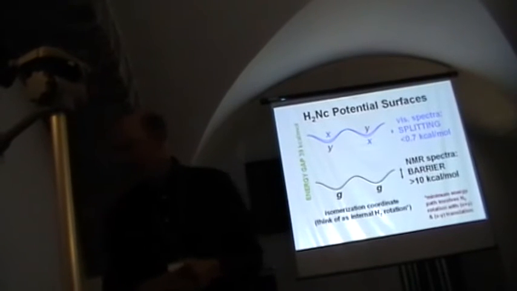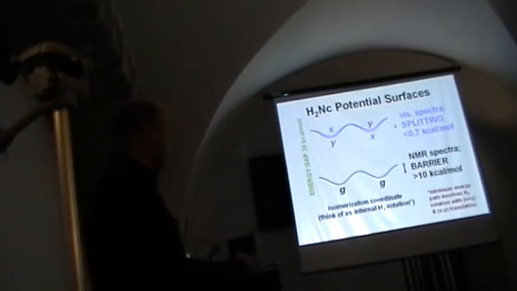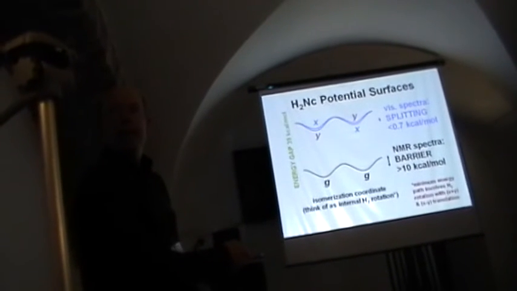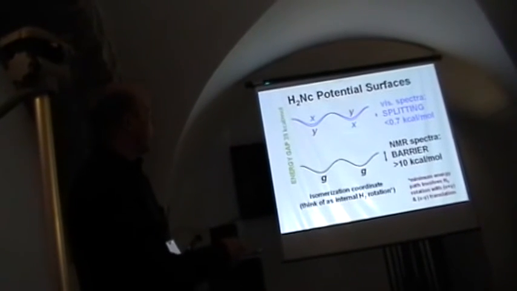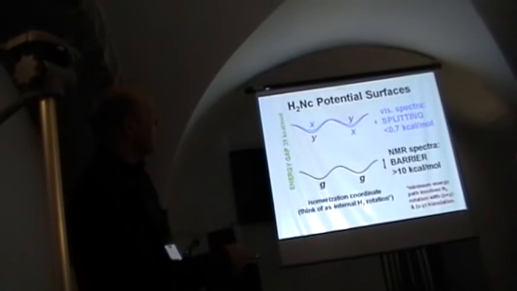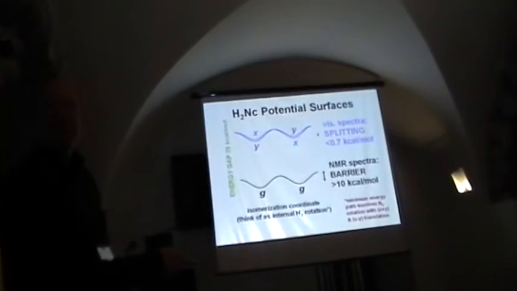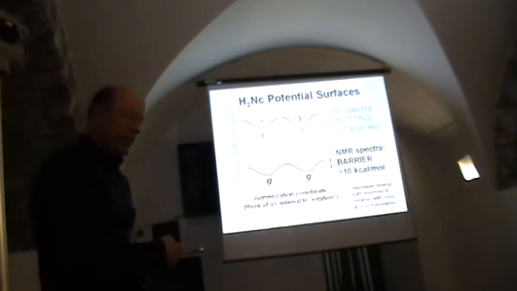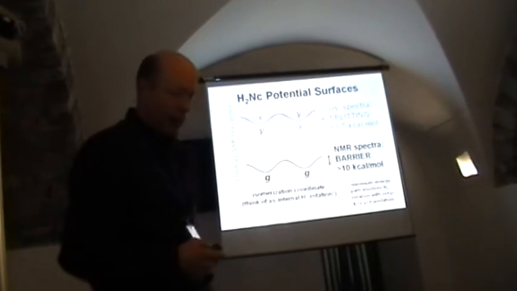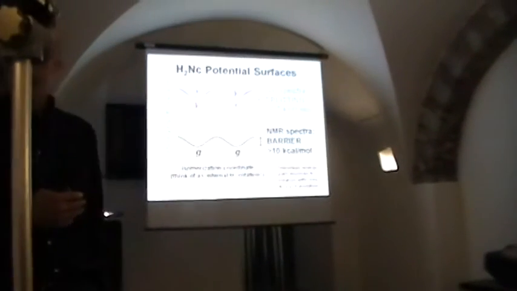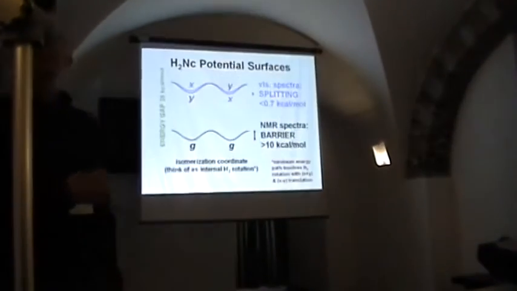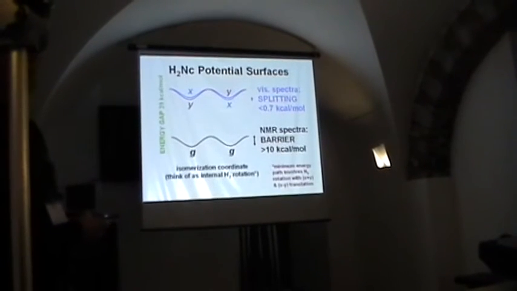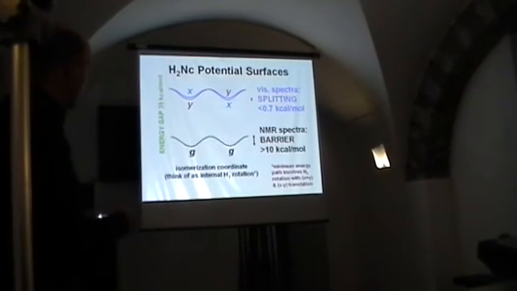Then we looked carefully at what was known in the ground state from NMR studies. The timescales were such that in NMR they could pin down that the barrier was more than 10 kcal per mole. Importantly for us, this had to occur on the NMR timescale, which means that it's slow for us, and so we have not measured that timescale.